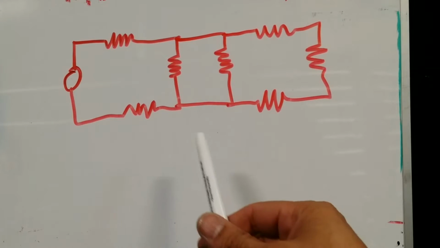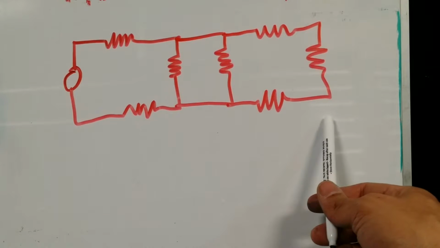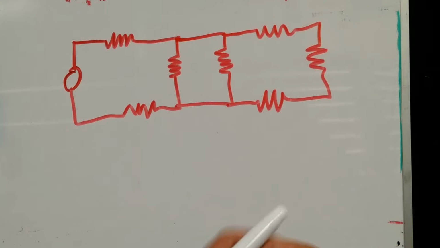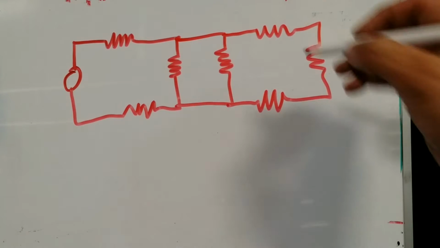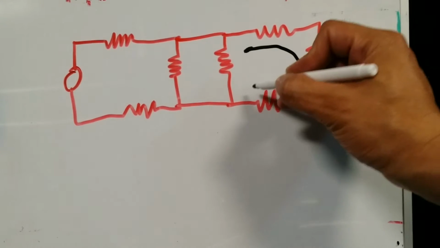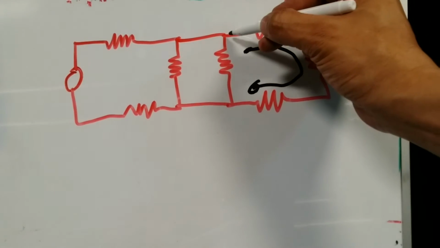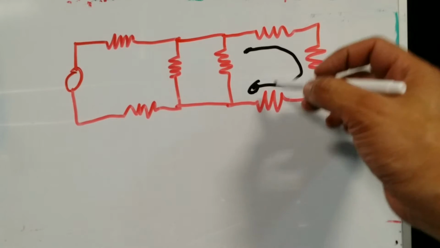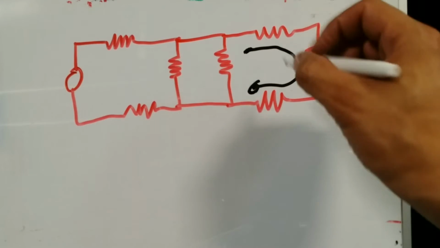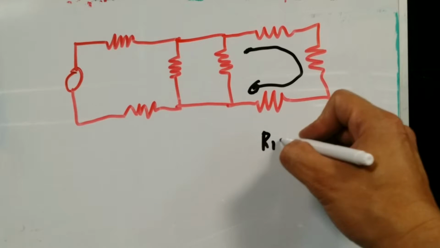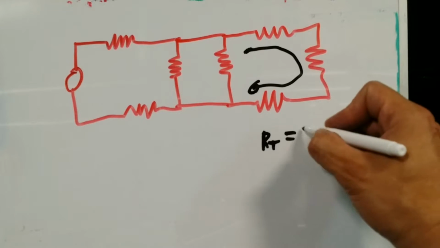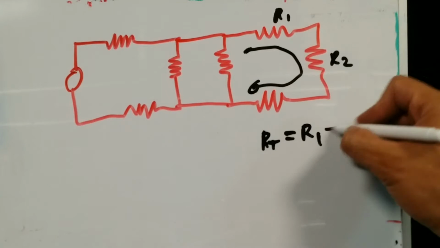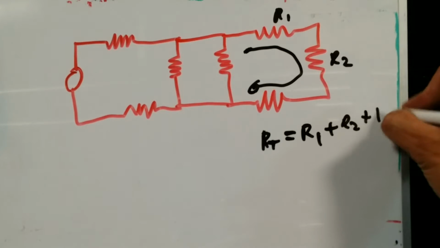Finally, this is what they call a series parallel circuit. To solve a series and parallel circuit, in this case, for these three over here, they are in series, because an electron leaving this point travels and comes back to these points. So for these three resistors, you will use the very basic formula: total resistance of that sub branch is equal to resistance 1 plus resistance 2 plus resistance 3.